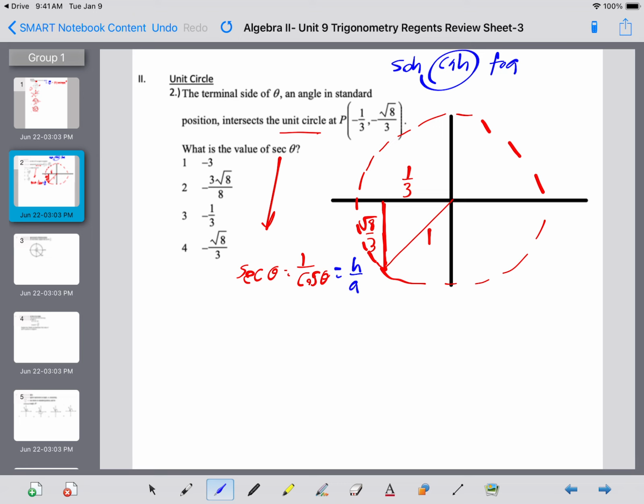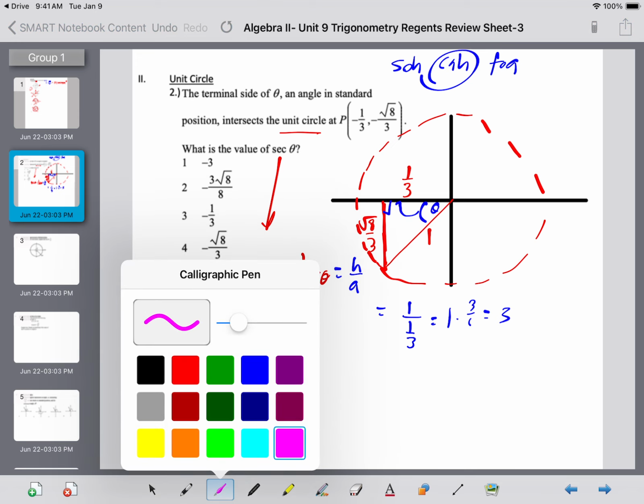Your hypotenuse is 1, and your adjacent side is 1/3. So 1 over 1/3, you do keep change flip, 1 times 3 over 1, which is 3.